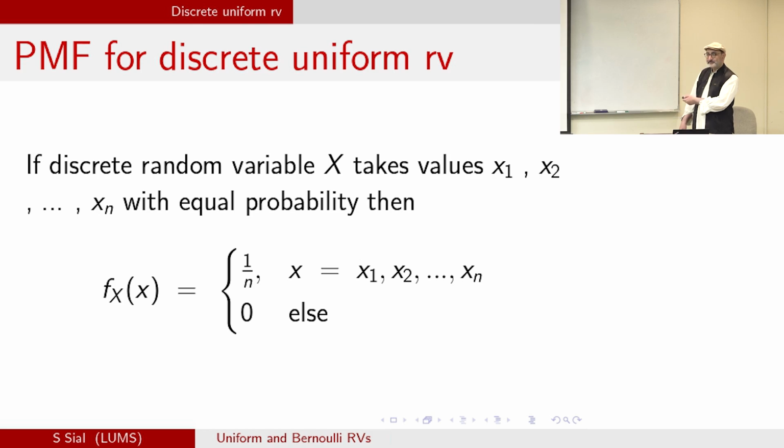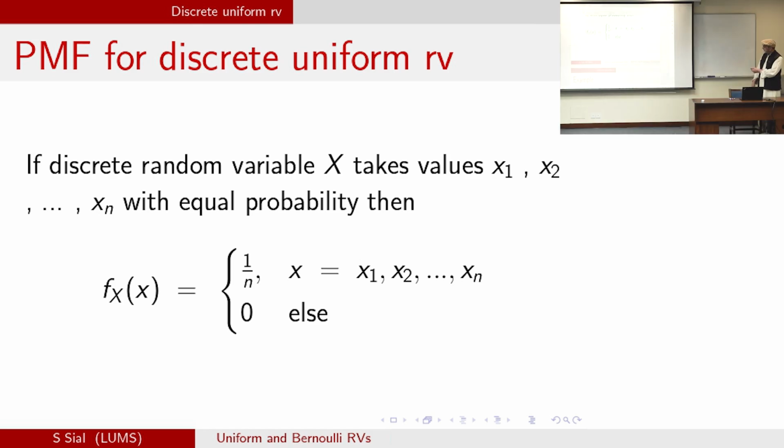For the coin flip example, you have 1 over 2, and you have 2 allowed values, x1, x2, for your x. So any discrete random variable which has a PMF that looks like this is called a discrete uniform random variable.